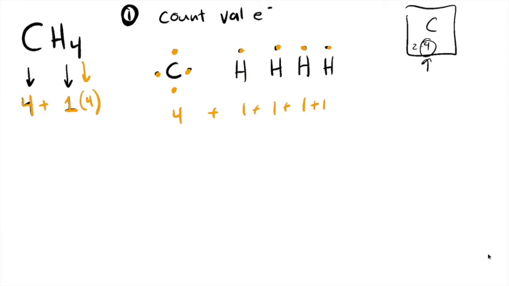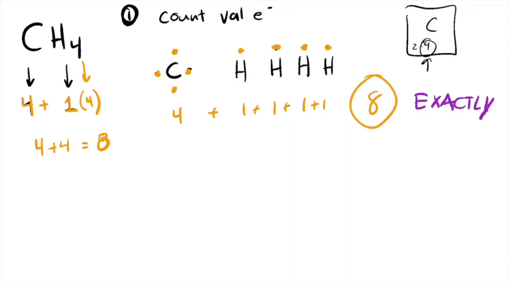So in this case, 4 plus 1 times 4 is the same as 1 plus 4, which is equal to 8, which if you count all the dots, 1, 2, 3, 4, 5, 6, 7, and 8, 8 is our magic number here. Okay, and so what this is telling us is that our final picture has to have exactly 8 valence electrons. Okay, no more, no less.